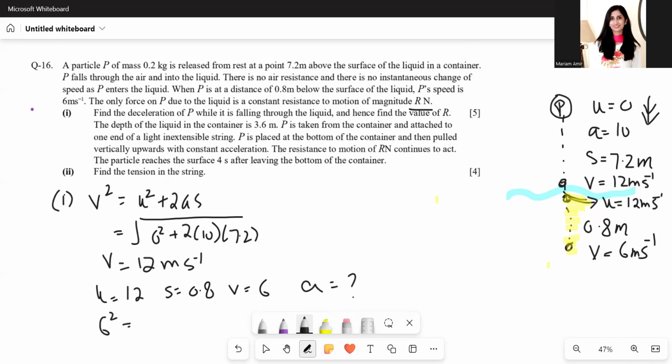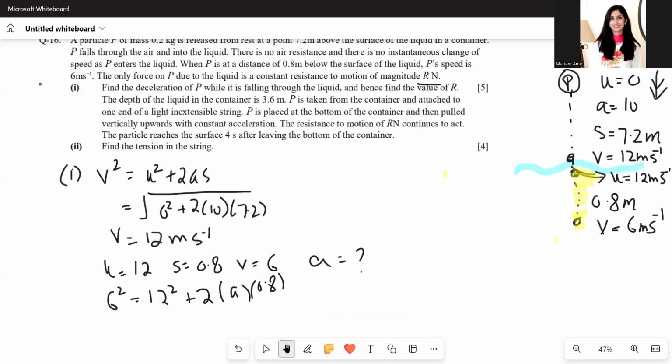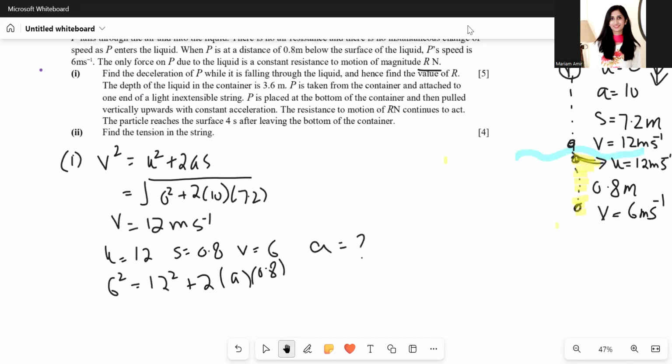6 square is equal to 12 square plus 2AS, which gives us A equals negative 67.5 meters per second square.